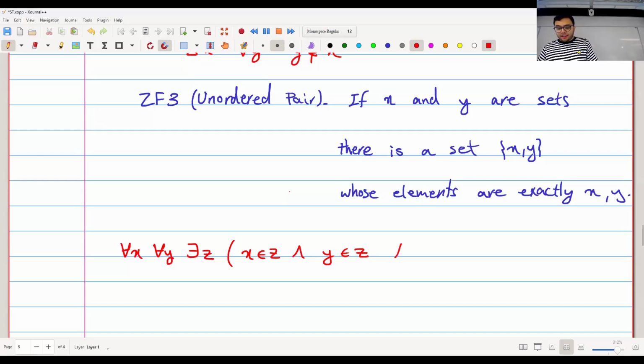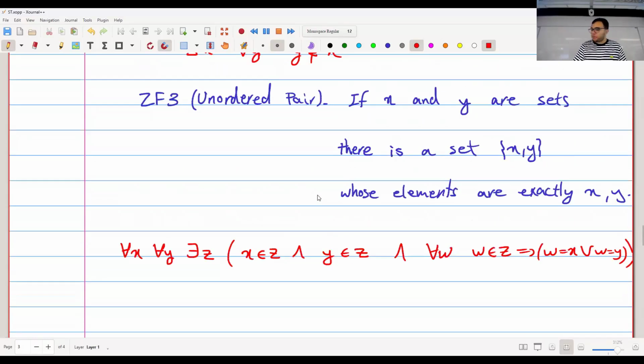So I say, and for every other set w, if w is in z, then w is x or w is y. So you already see that things get complicated if you want to write them formally.